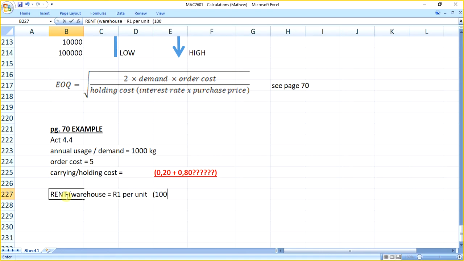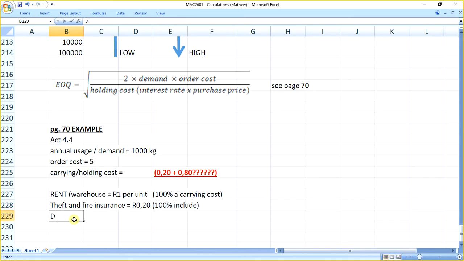This is 100% a carrying cost. You can't dispute that. The theft and fire insurance is also a carrying cost. You can't have goods if you don't insure them, and that would be 20 cents. That I would also 100% include.